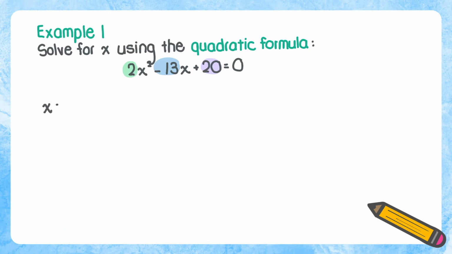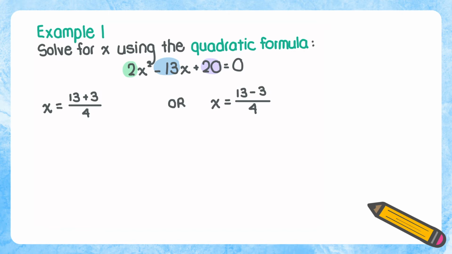One of them is x equals 13 plus 3 over 4. And my other potential solution is x equals 13 minus 3 over 4. And that's because the quadratic formula says plus or minus.